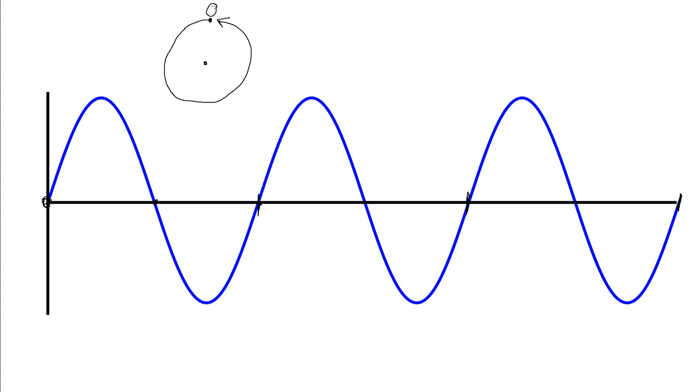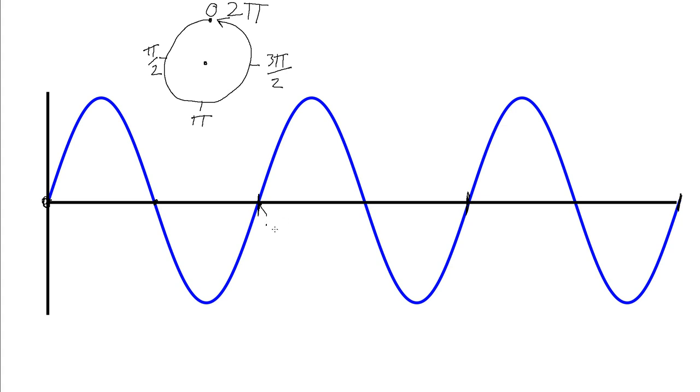So we start from 0 radians and we go up to 2 pi radians. So this would be pi by 2 radians, halfway along would be pi radians, 3/4 is 3 pi by 2 radians. So we can label the phase on this using this.